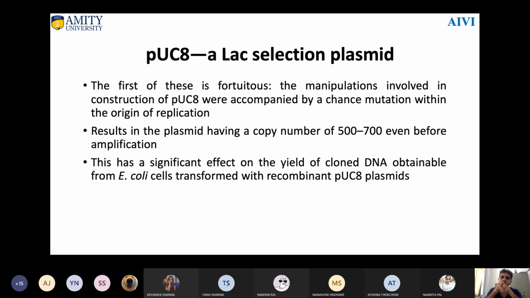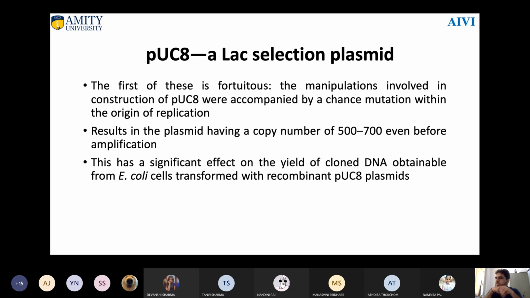Generally such a mutation leads to inactivation, but in this case the mutation led to overactivation, and this overactivation increases the copy number. In the previous vector, pBR322, we found that the copy number is 15, and if you want to increase it to 1,000, then you need to treat with chloramphenicol. But here in normal conditions, this vector has a copy number of 500 to 700.